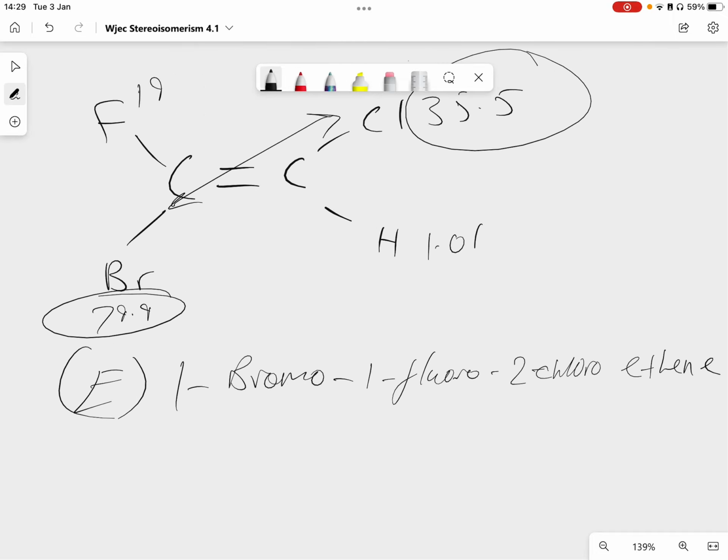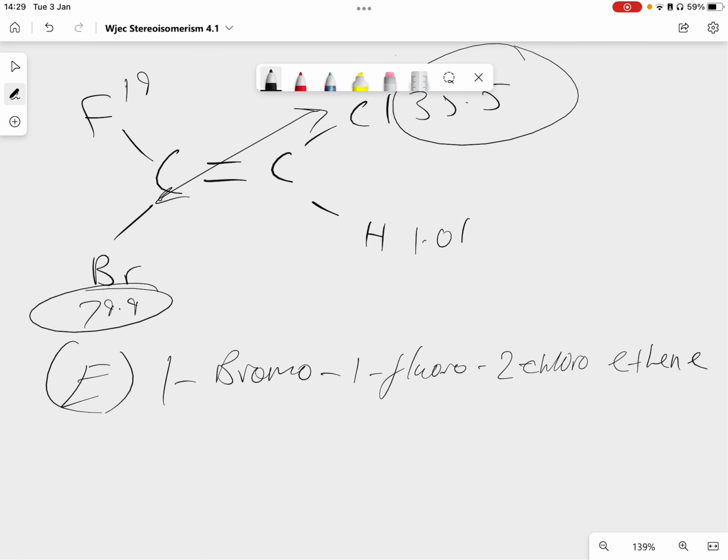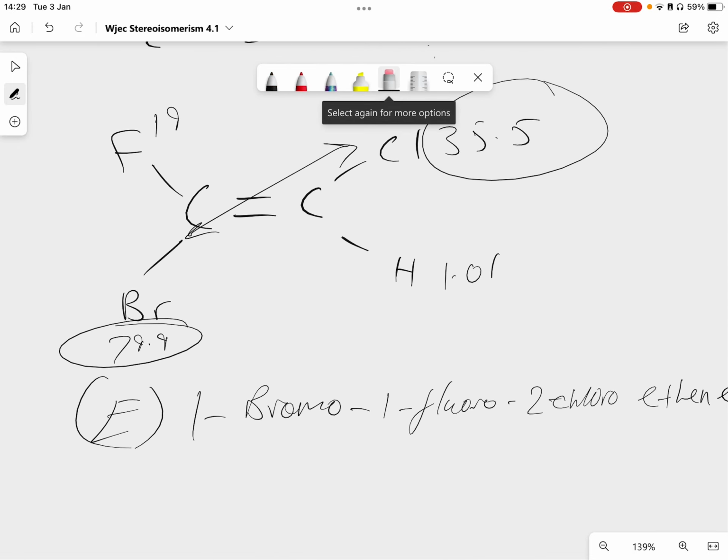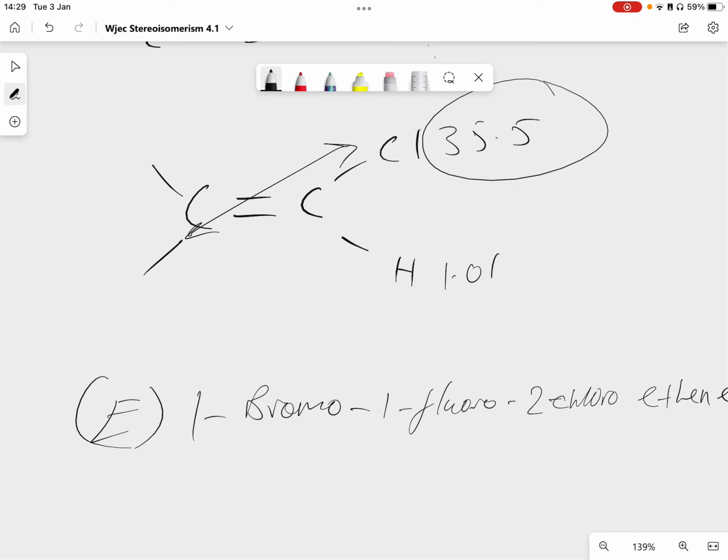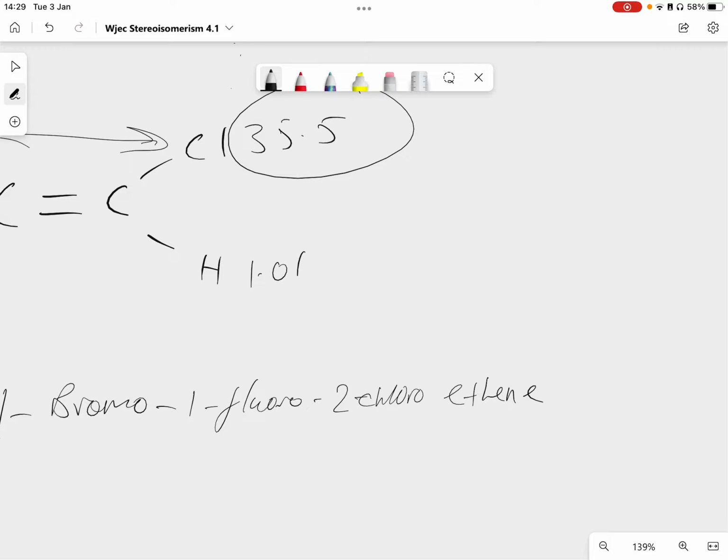Now its neighbour, which would be our Z isomer, would instead have, if I draw this, the bromine moving up here and the fluorine moving on there, so instead of it being opposite, it's on the same side. So this is going to be a Z isomer: Z-1-bromo-1-fluoro-2-chloroethene.